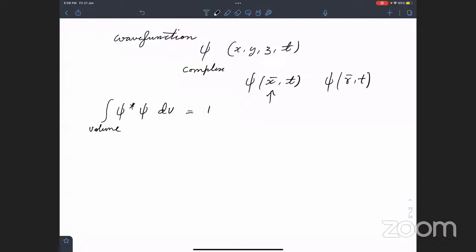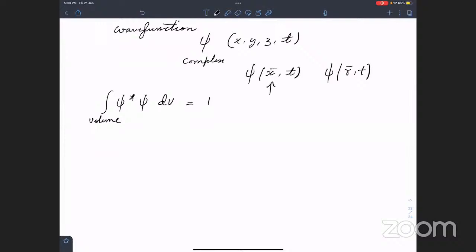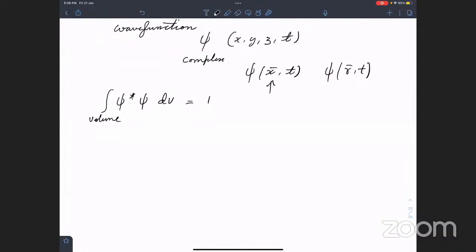We discovered this, right? In addition to that, we also discussed something very important. When I write it like this, psi of x, y, z, and t, this doesn't look like a wave, right? It's some arbitrary function of psi. But wave functions are not really arbitrary functions of x, y. They have wave-like characteristics.